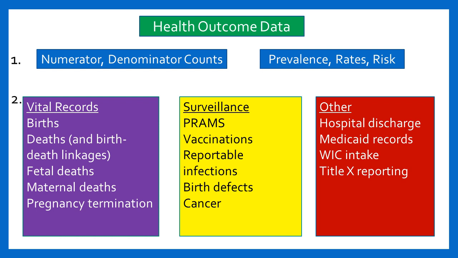So, for example, PRAMS, depending on the access that you have to the linkage of your birth certificates to the PRAMS selection frame, could be linked to geographic information, or vaccination information, or reportable infections and birth defects. And then also hospital discharges, Medicaid records, WIC intake, Title X reporting, all of these potentially could be health outcome data that could be aligned with some sort of a geographic reference.